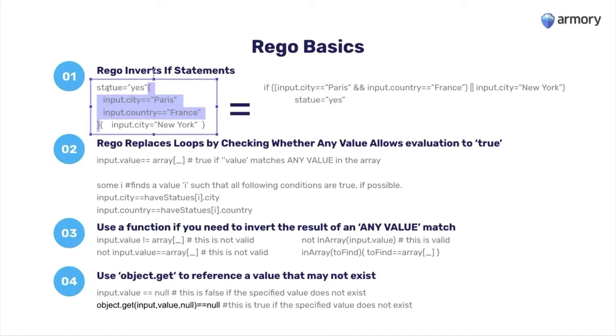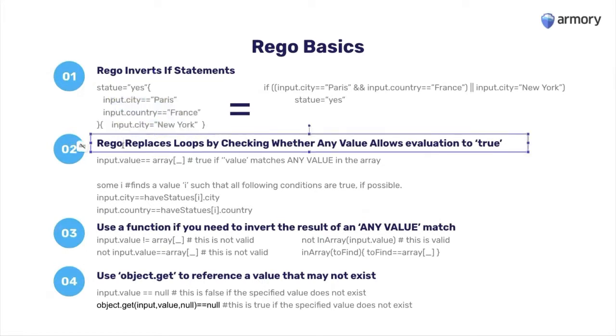So in this case, it will set statue equals yes if the city is Paris and the country is France, or if the city is New York. So you can think of this as a statement that will say statue equals yes if there's a Statue of Liberty in that location.